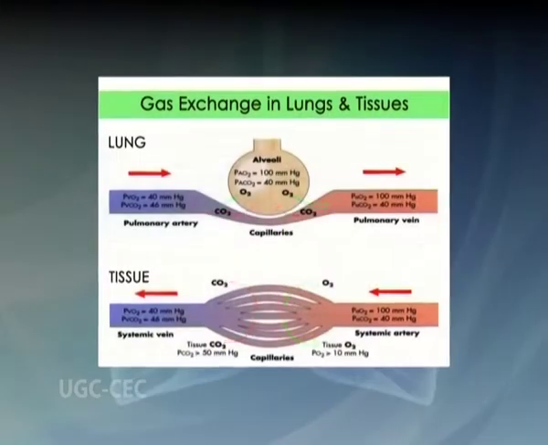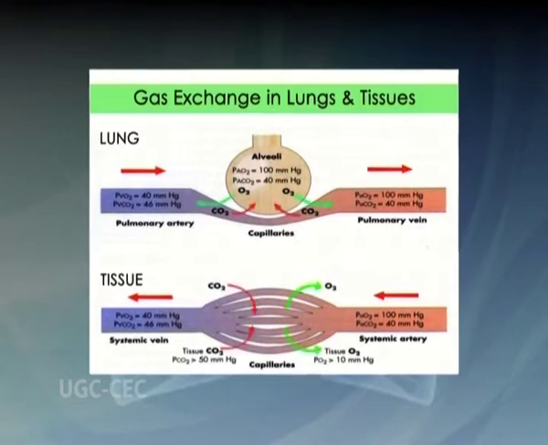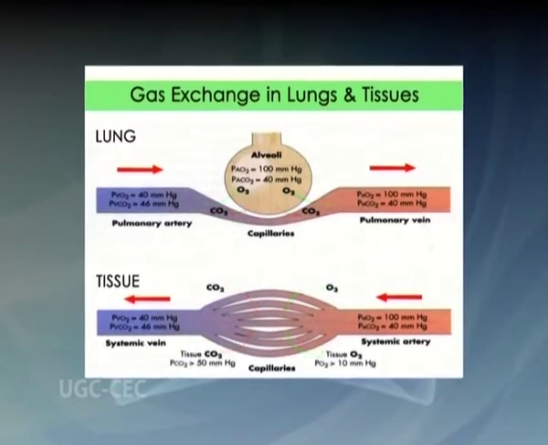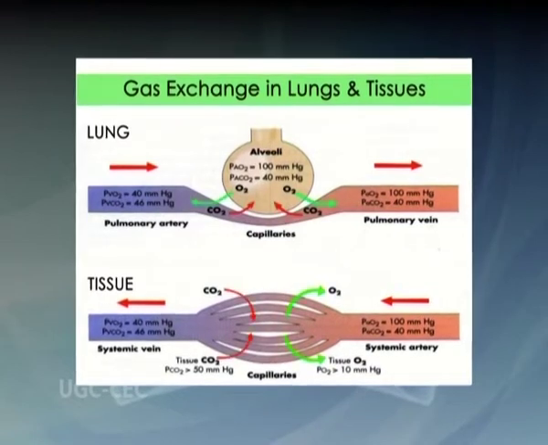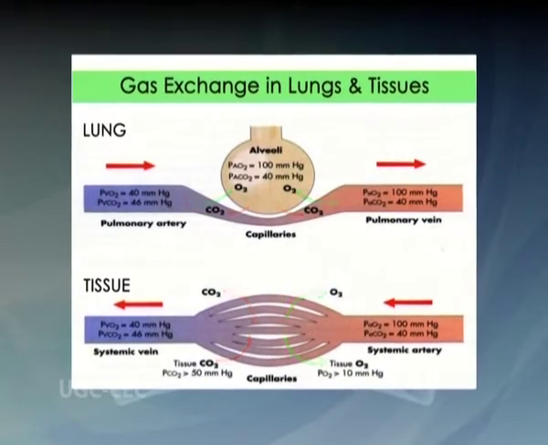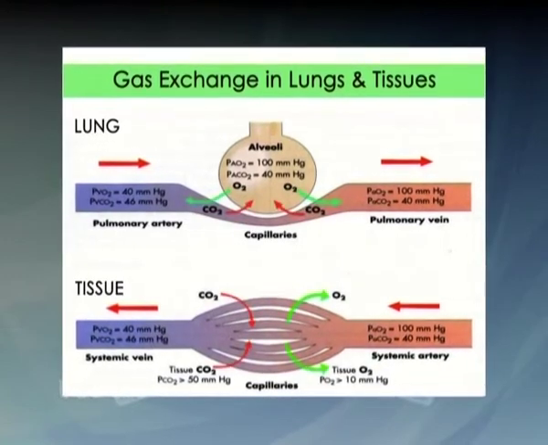This whole set of processes constitutes the phenomenon of respiration. In short, the process of respiration involves the uptake of atmospheric oxygen by lungs, its transport to tissues by blood, then transport of carbon dioxide from tissues to lungs, and lastly its release from lungs into the atmospheric air.